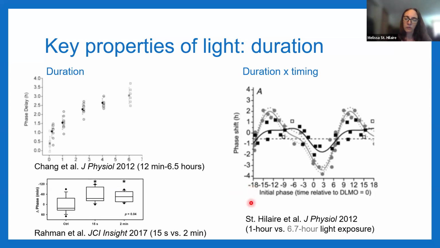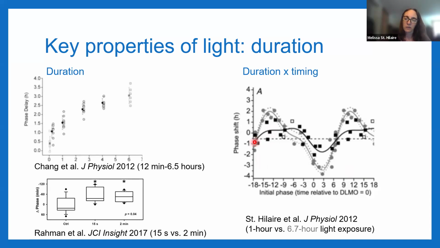And in these phase response curves, we have a 1 hour phase response curve versus a 6.7 hour phase response curve. And again, what you can see matches what we see in the duration response curve, that we do get a smaller phase shift with 1 hour versus 6.7 hours. But we still do see a phase response across time.